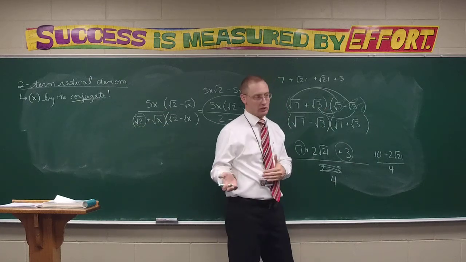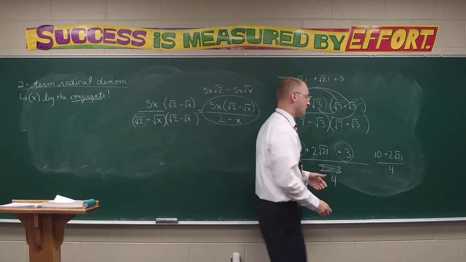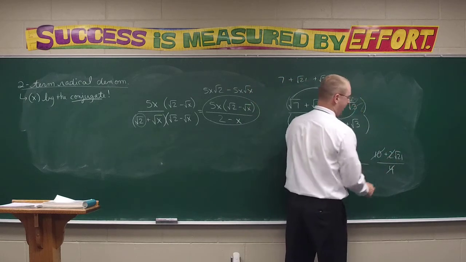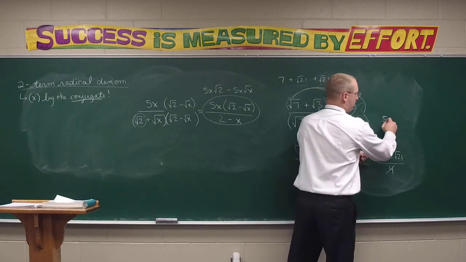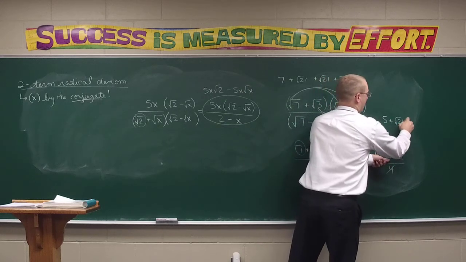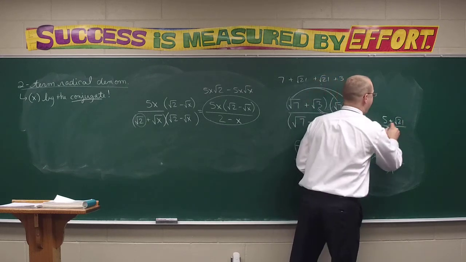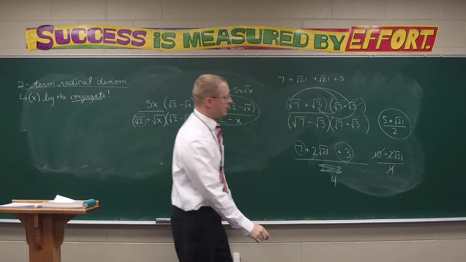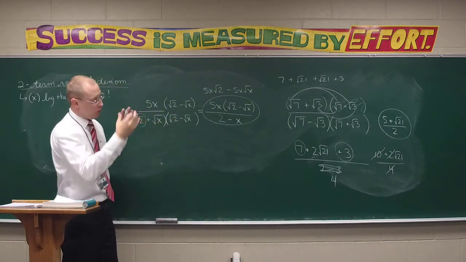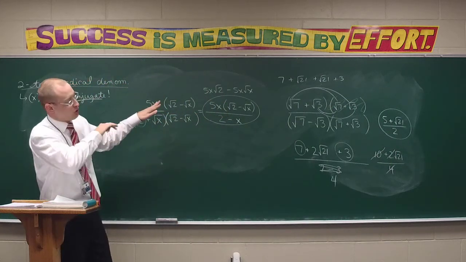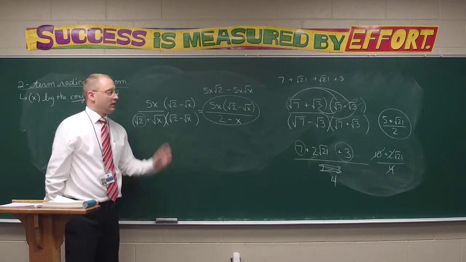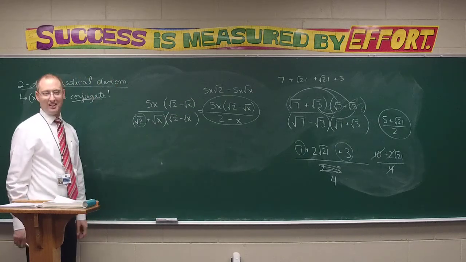We're not actually canceling terms, we're canceling the factor out of the terms. If I knock a 2 out of everything, class, I end up with 5 plus square root of 21 all over 2. Mathematically, it works the same, and I'm too lazy to write 2 times the quantity 5 plus square root of 21, and then cancel the 2 and the 4 to get a 1. It's quicker that way. All right?